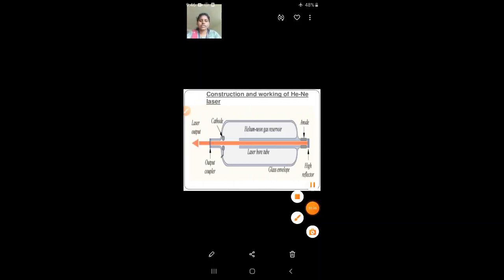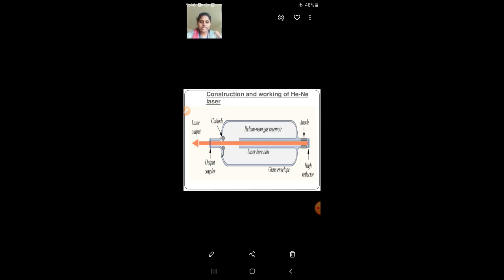And then next one, construction and working of the helium neon laser. So we will discuss the helium neon laser here. Helium neon is a gaseous state laser and it is a 4-level system. By using these helium neon gases, we produce laser light.